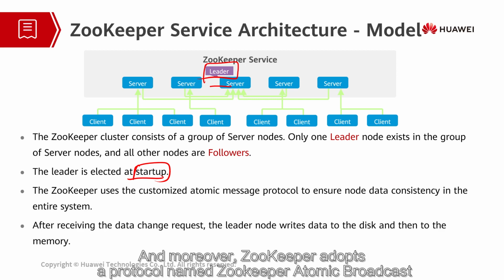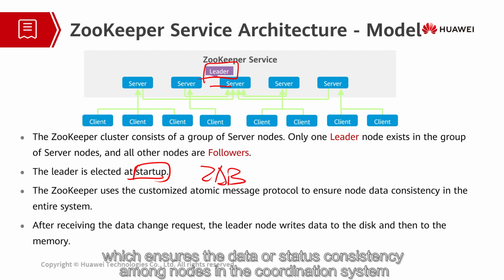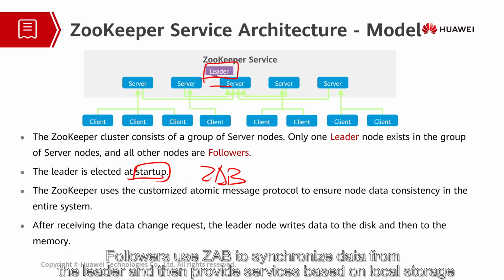And moreover, ZooKeeper adopts a protocol named ZooKeeper Atomic Broadcast, which ensures the data or status consistency among nodes in the coordination system. Followers use ZAB to synchronize data from the leader and then provide services based on local storage.